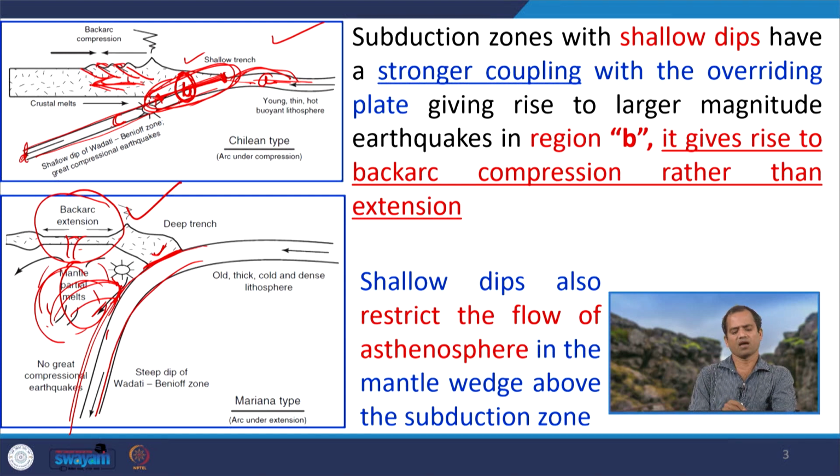So, now as the interaction is very high between this overriding and underthrusting plate, the earthquake which is happening due to this thrusting is of very high magnitude and a high amount of energy is released here.